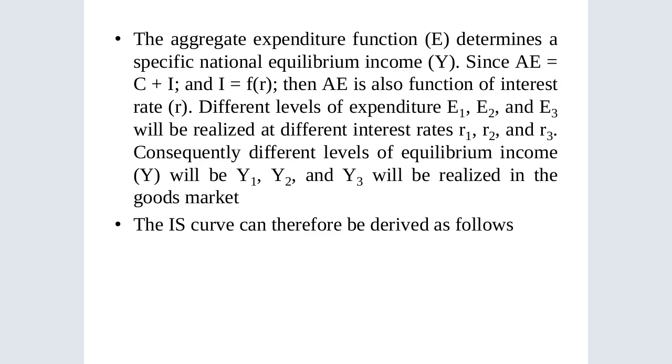Now, since we said that the aggregate expenditure equals consumption plus investment, and investment is a function of interest rate, then aggregate expenditure is also a function of interest rate, which implies that different levels of expenditure, that is E1, E2, and E3, will be realized at different interest rates, that is R1, R2, and R3.